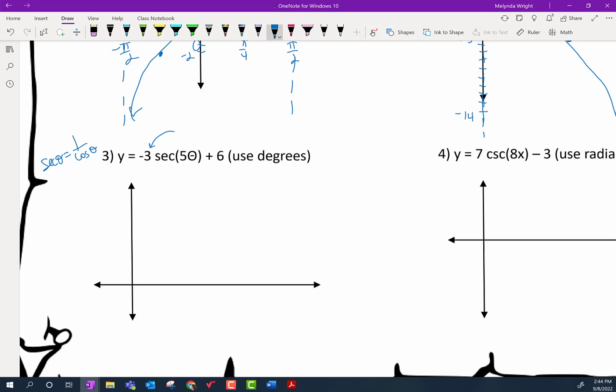So this is like amplitude. This is, let's see, so the period equals, and we're in degrees, so 360 degrees over 5, and we divide that out, we get 72 degrees, and this number means up 6.